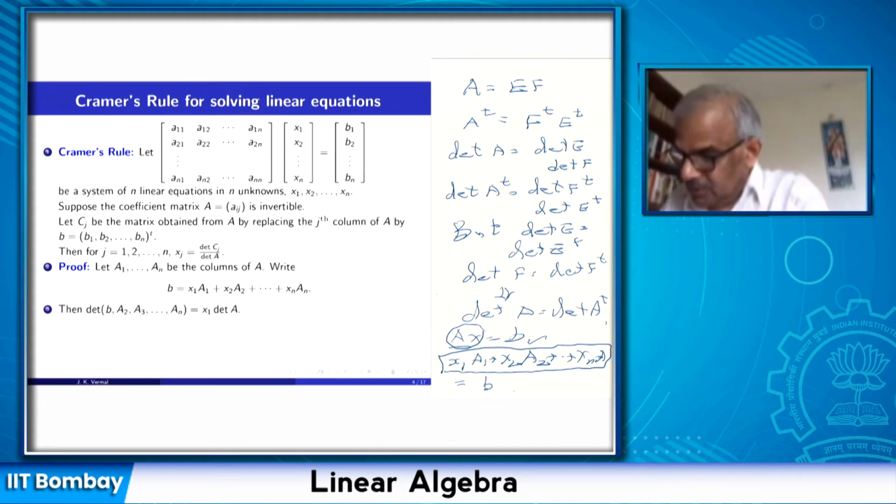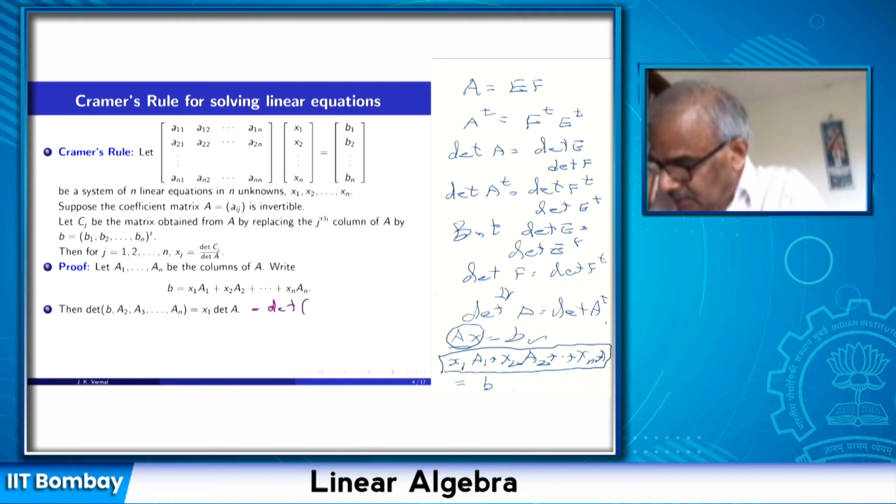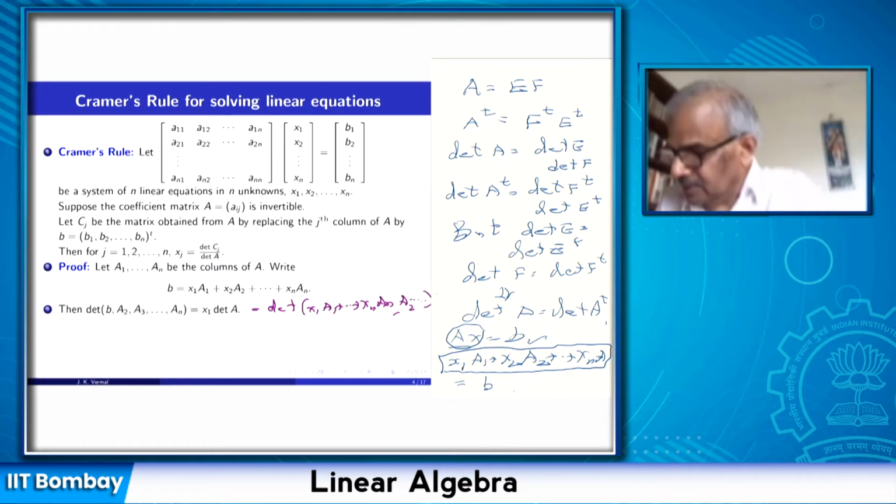Therefore, when I replace A1 by the vector b, I get the determinant of x1 A1 plus up to xn An, and then A2, etc. Now by multilinearity, I can open this.